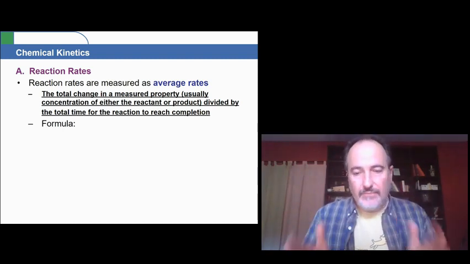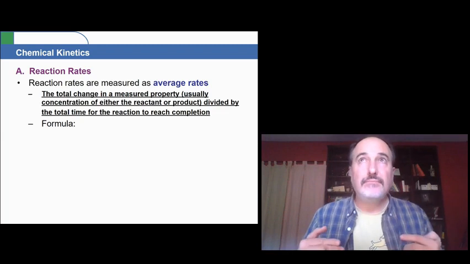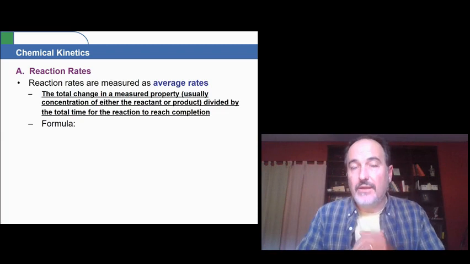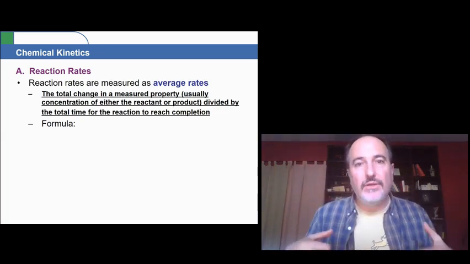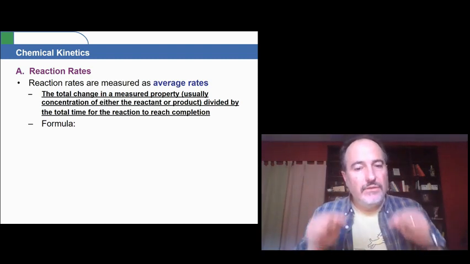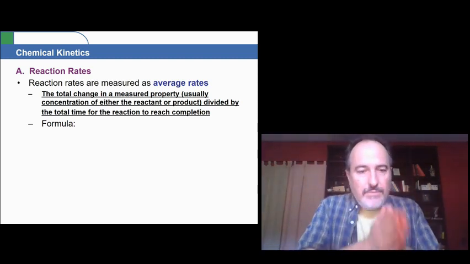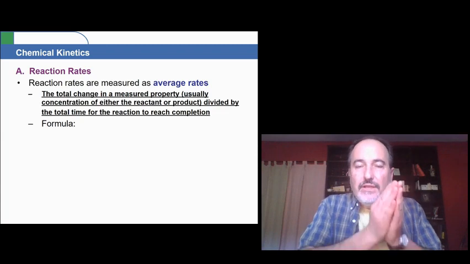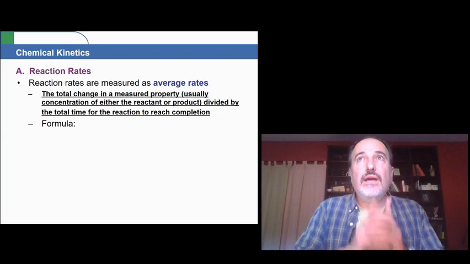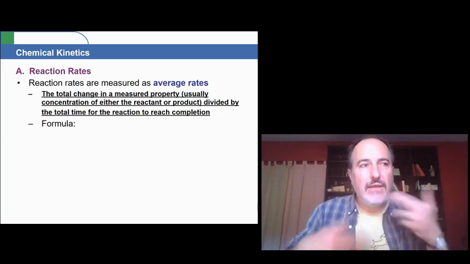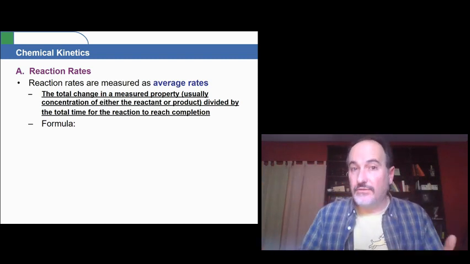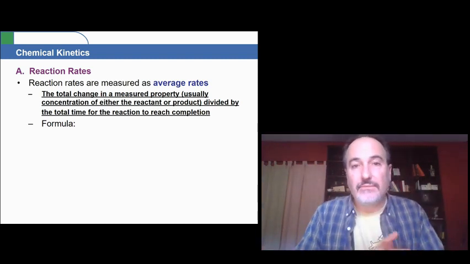If you're looking at a chemical reaction, let's say a campfire, the combustion of a campfire, and you look at how much wood gets burned up in how much time? If you look at any one particular moment, you're going to have different speeds of that reaction. You can tell how fast a campfire is burning by how large the flames are. The larger the flames, the faster the reaction.